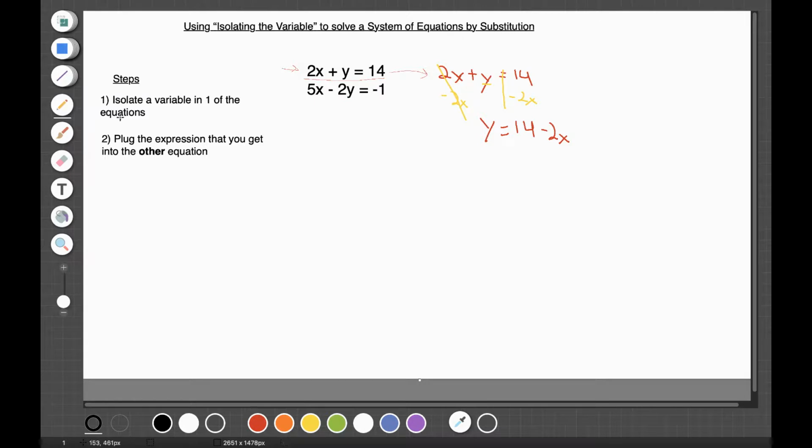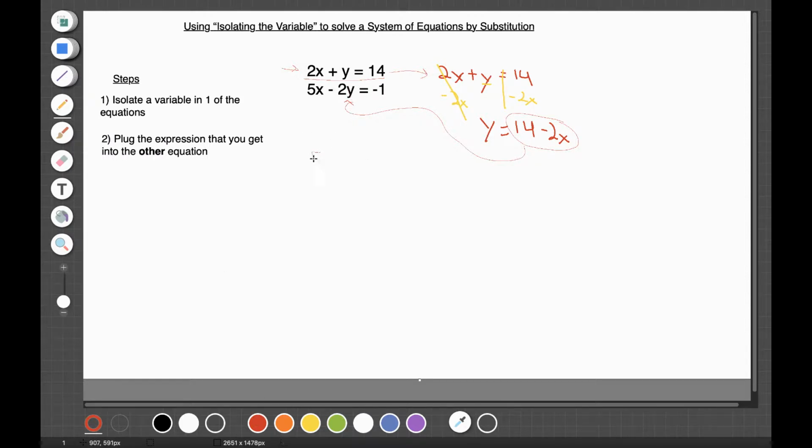So what I can literally do is take this expression that we got, okay? This expression, we're going to take this and plug it in for y, okay? And just like we do when we plug in anything, we're going to use parentheses around that when we plug it in. So let's see what that looks like.